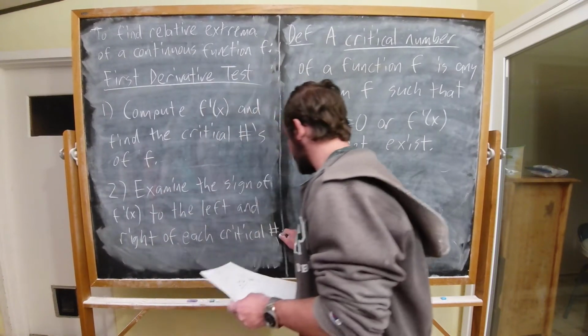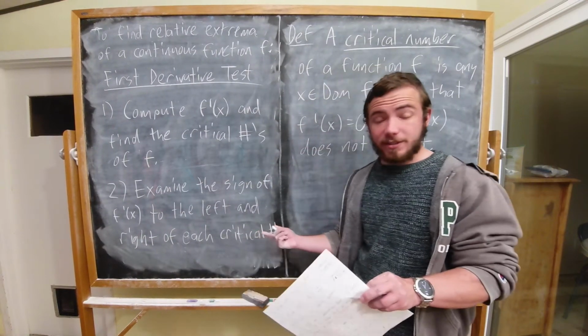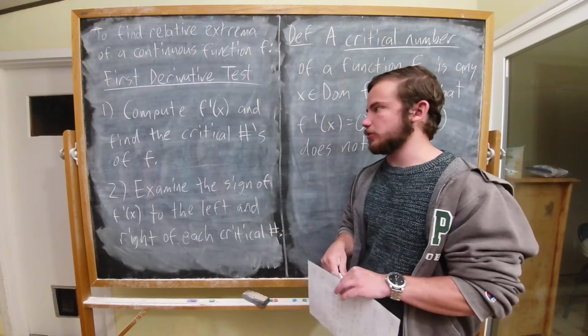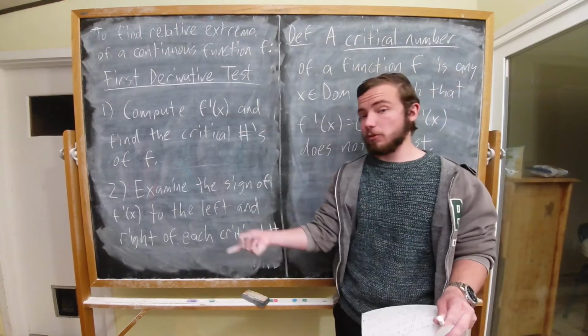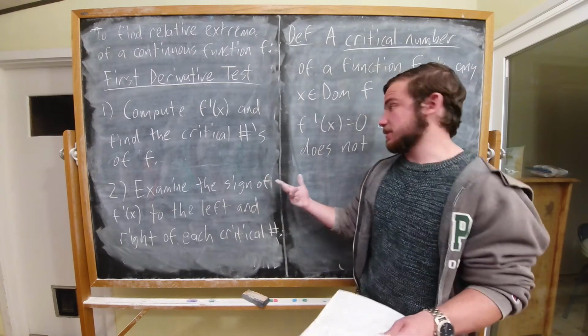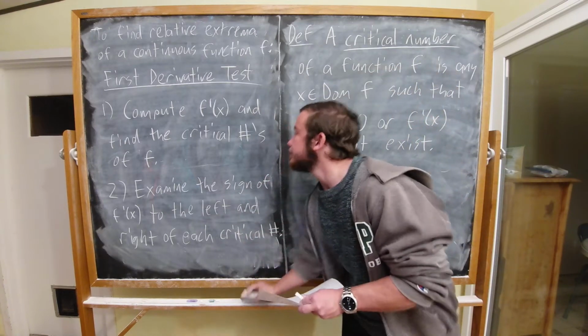Essentially, checking whether the function is increasing or decreasing on the sides of the critical number. And that'll tell us, hey, is it going to be a maximum or a minimum? And which of the two is it?